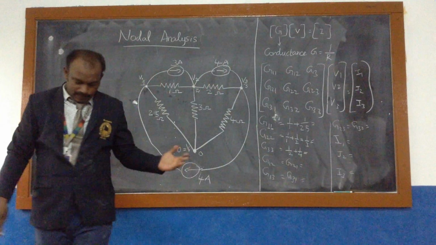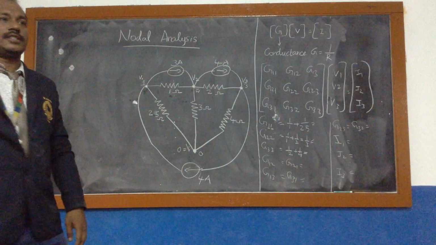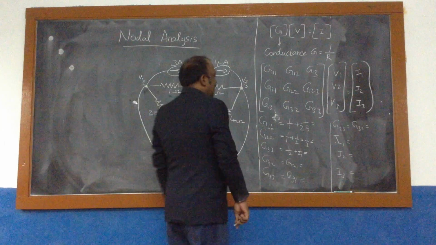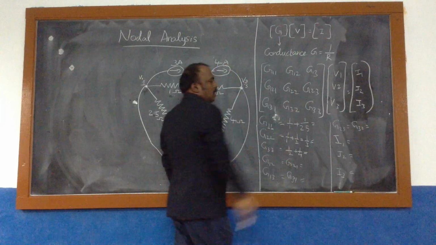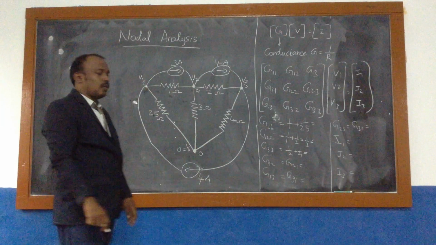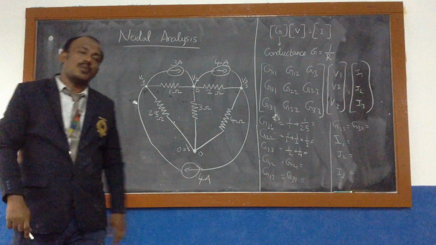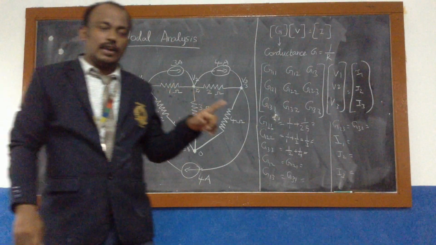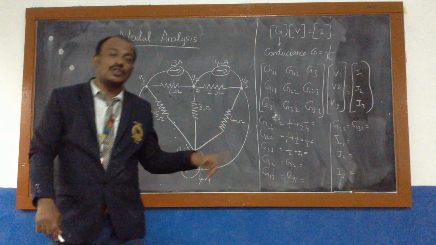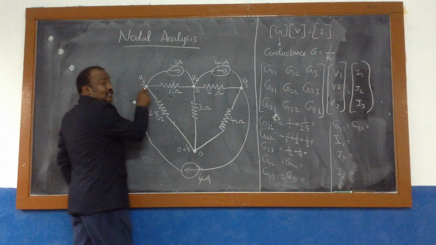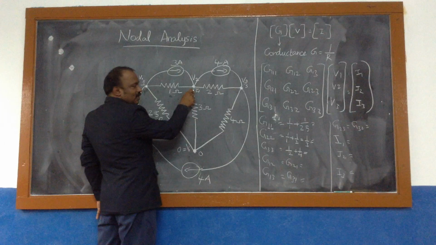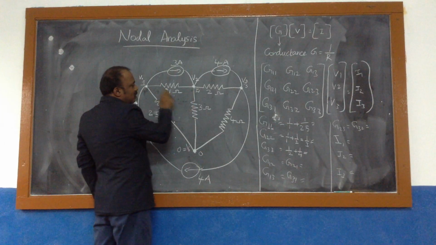Similarly, next conductances G12, that is the non-diagonal elements. What are the non-diagonal? G12: 1, 2, R12. First node and second node, so the common conductance. Here, the first node and the second node have a common conductance. This is your first node and this is your second node. What is the common thing here? This 1 ohm.